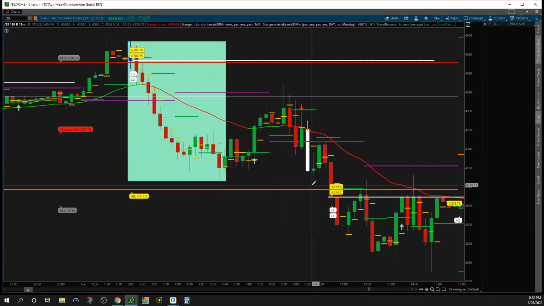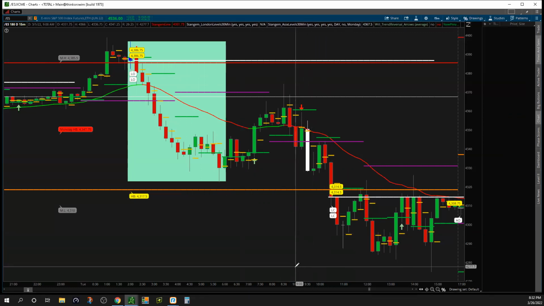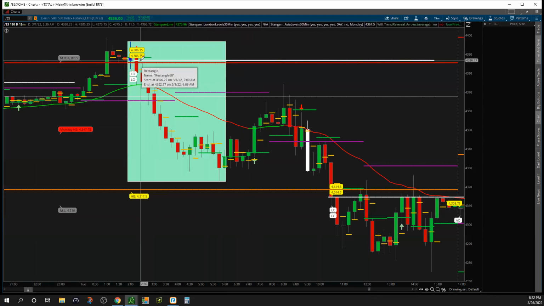Okay. Let's draw the fibs. Well, actually, before I draw the fibs, what we got? What's our first clue we're looking for? Stangem line. Stangem line's red. What's our second clue? Looking at London open. Price above or below? It's below. Let's draw the fib.